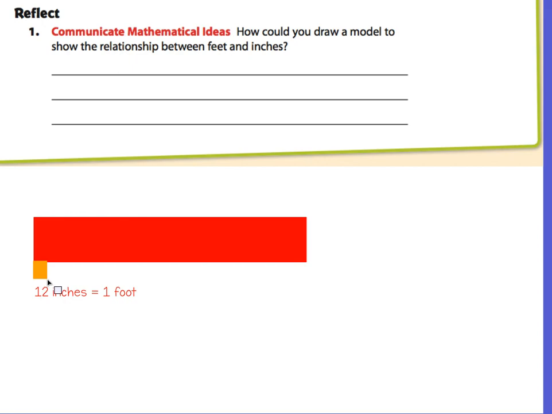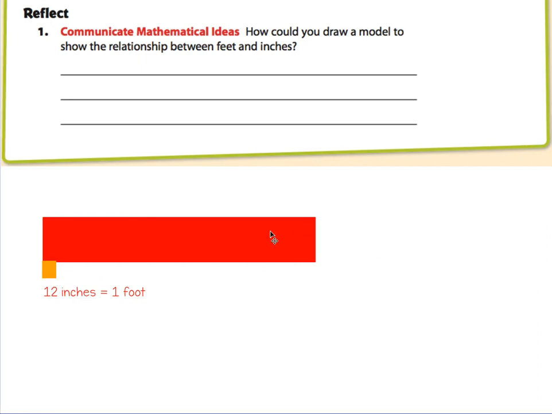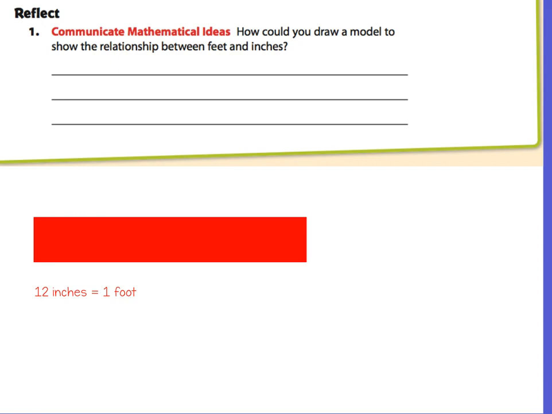Each of those would represent an inch. So 1, 2, and maybe I actually should outline those differently so that you can see that they are actually different rectangles.